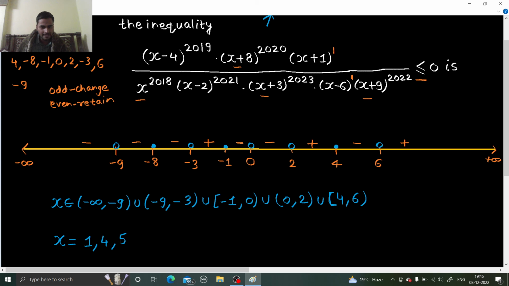So I will have 1, 4 and 5 in our answer. These are the only three integral values. If they are asking the number of positive integral values, that number will be equal to 3: 1, 4 and 5.